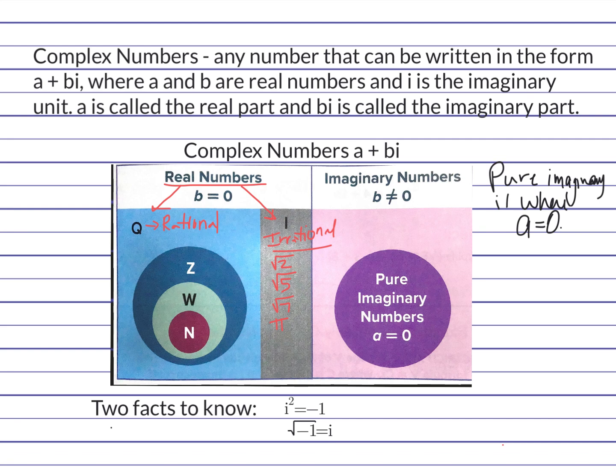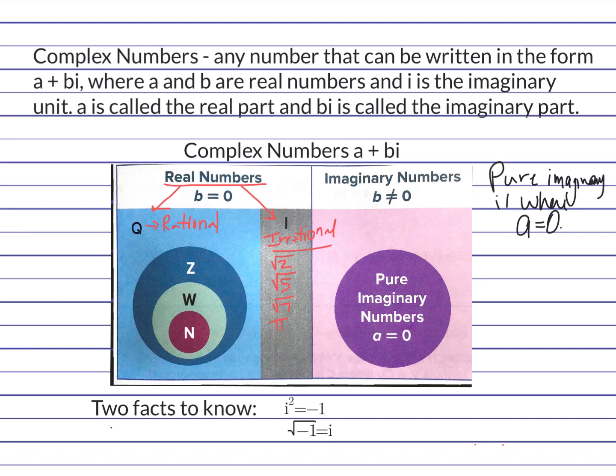So if you took the square root of 7, square root of 5, square root of 2, those decimals do not terminate and they do not repeat. And pi is the same thing. Pi does not terminate, it does not repeat. So irrational numbers, that's what those are.